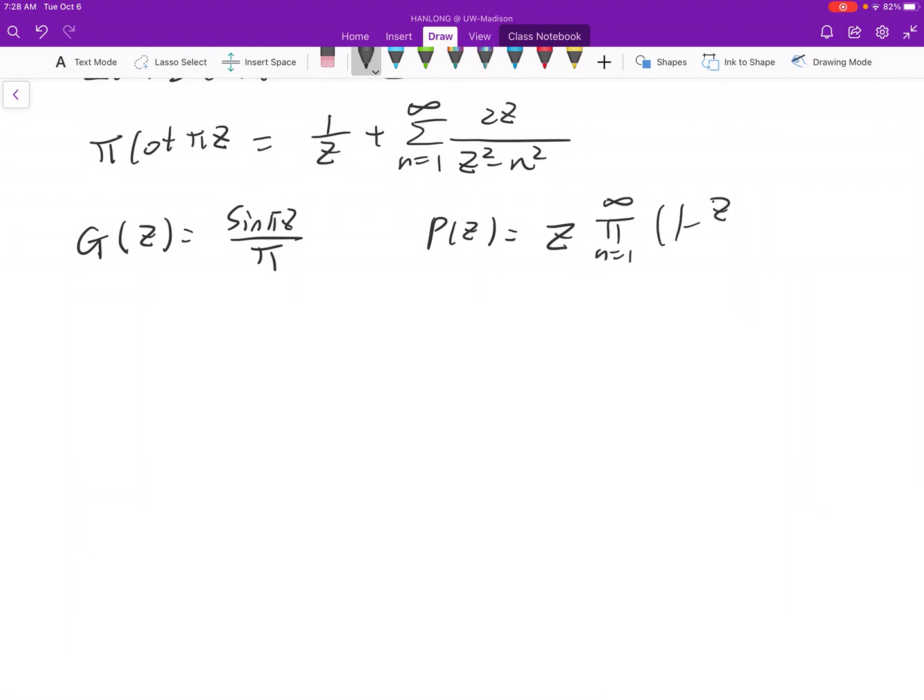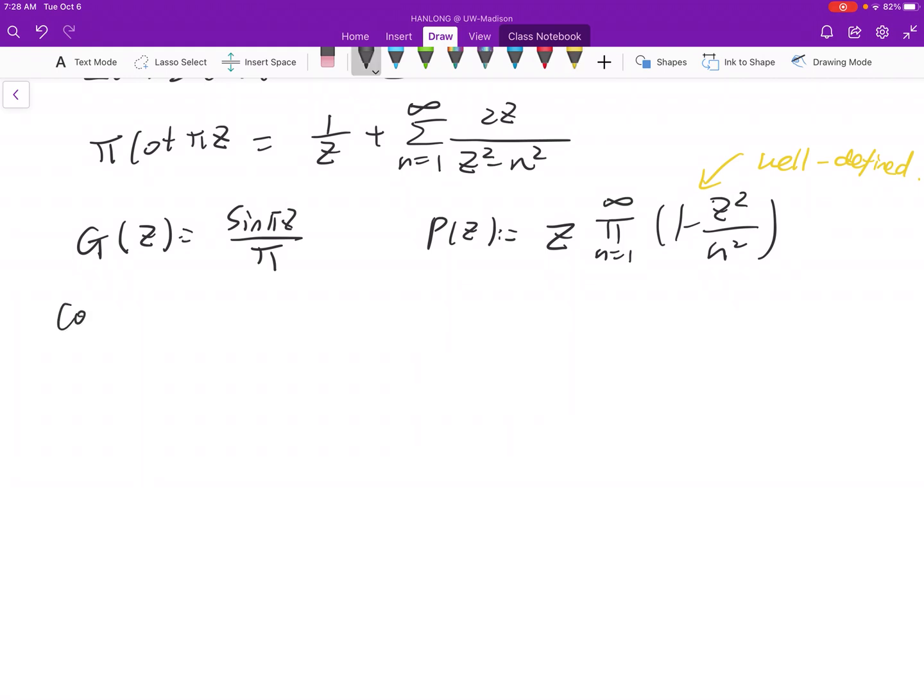So first, we can show this is well defined by the previous lemma on the convergence of infinite products.